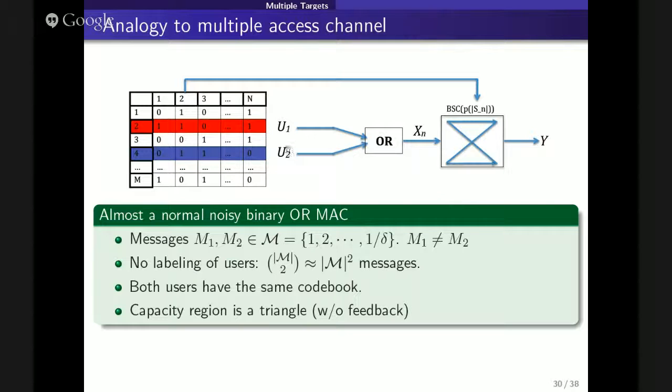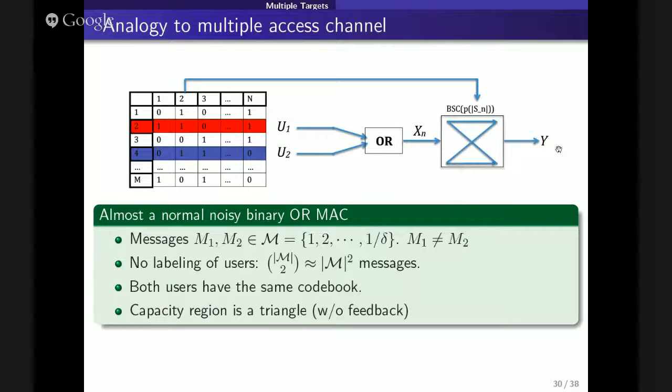And viewing this as the MAC problem, as before we had a point-to-point problem, now it's a multiple access channel problem. And again, the messages now are just where the target is, corresponding to which row each user sent. Unlike the MAC problem, the decoder doesn't label the target.